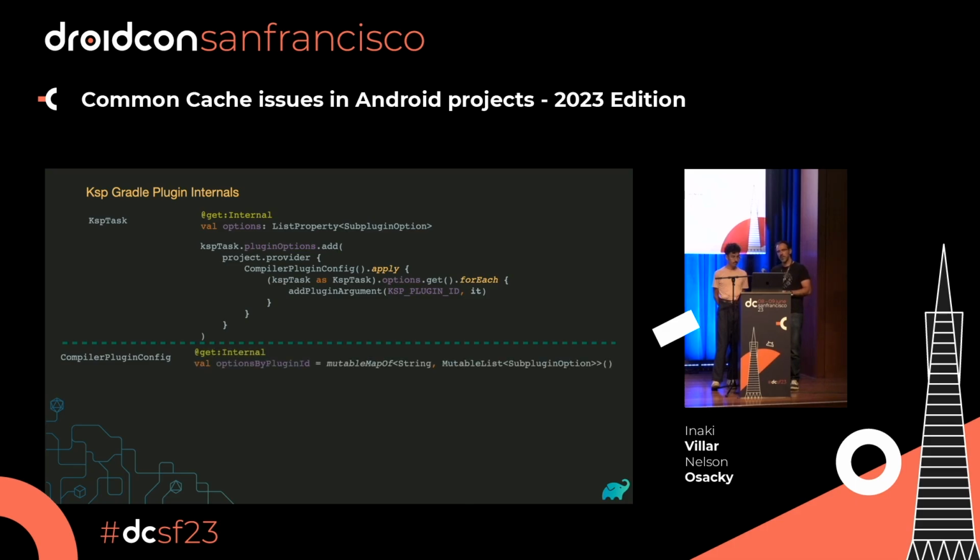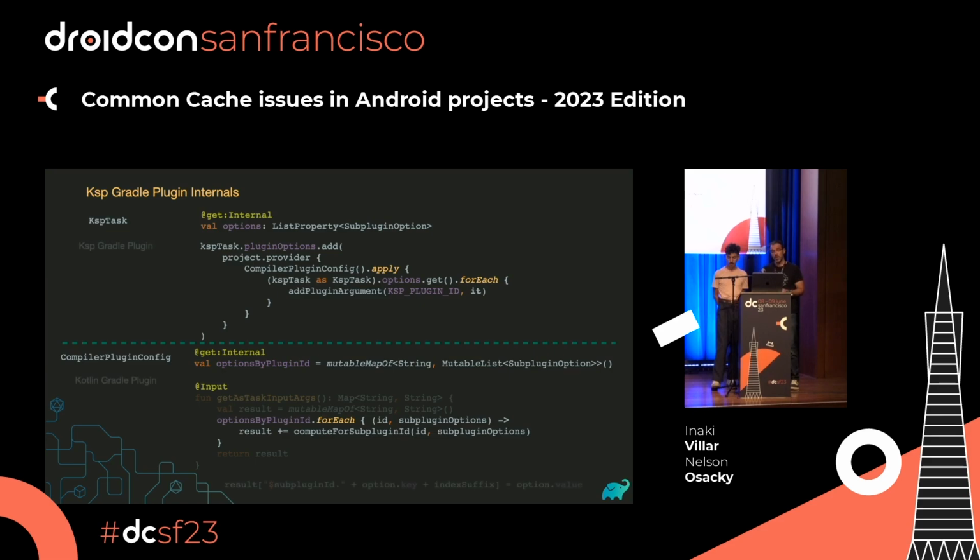So the Kotlin Gradle plugin keeps another internal annotation for the sub-plugin options, and later, what it's doing is creating an input property for the task. And something didn't sound right, because from an internal, we were passing an input, and actually, this is the one that is failing.